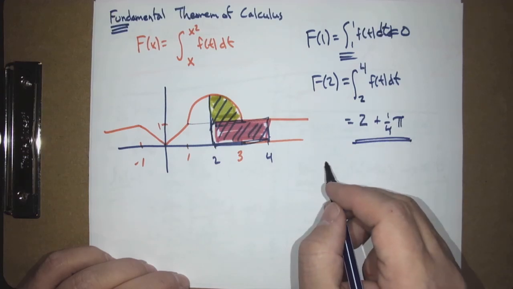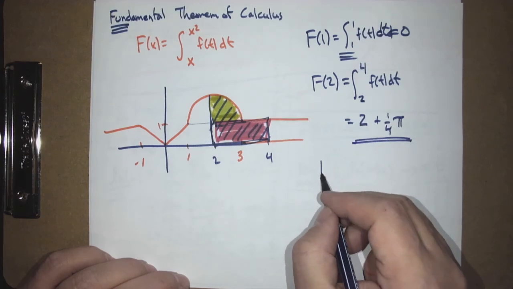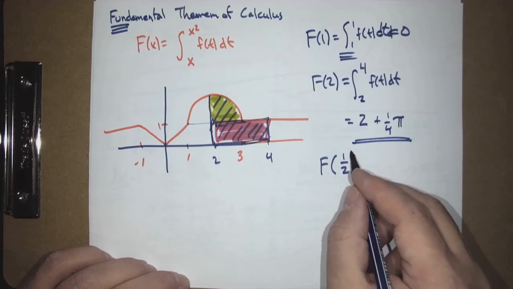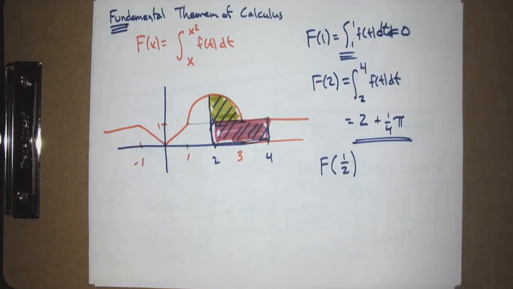All right, what about, this is a bad choice on my part, and I apologize, f of a half. I know, I chose poorly, but let's just talk about it. We can actually figure it out. We'll zoom in.